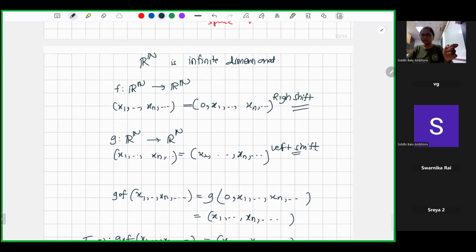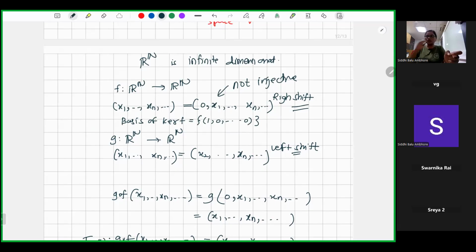Okay. Yes, and these are the examples. This is not injective because the kernel is generated by the vector 1, 0, 0, 0, and so on. That is, the basis of the kernel is this 1, comma 0, and so on.